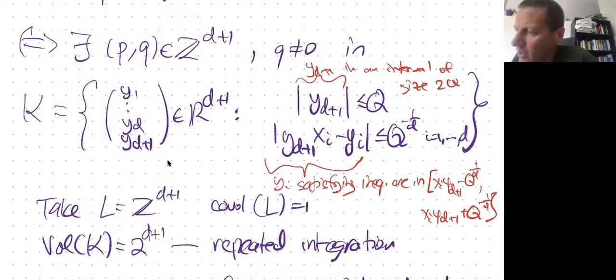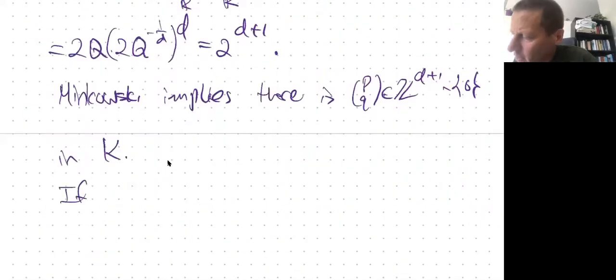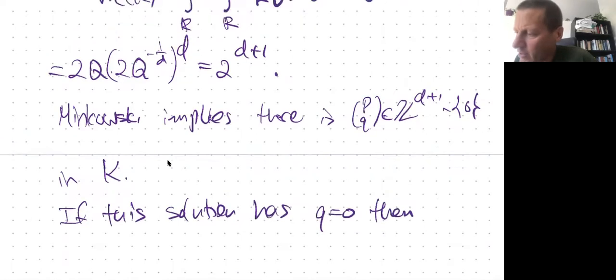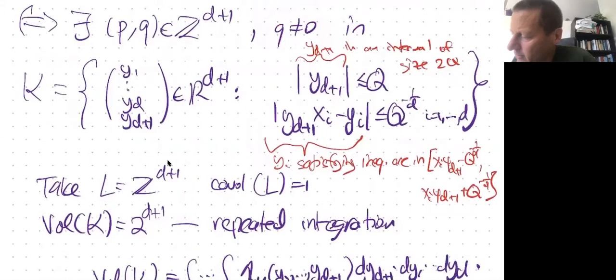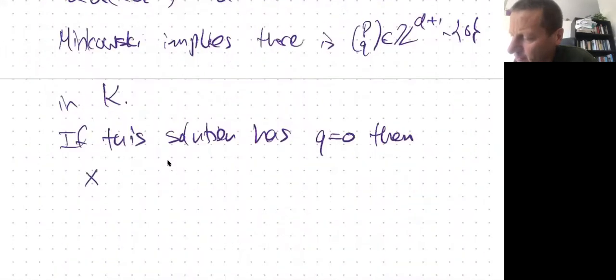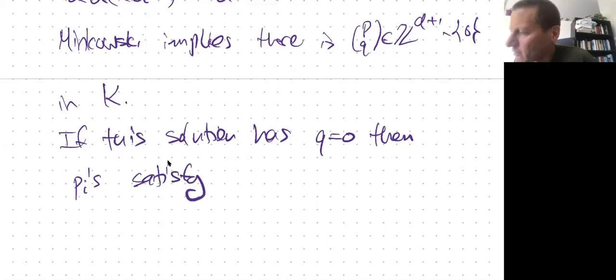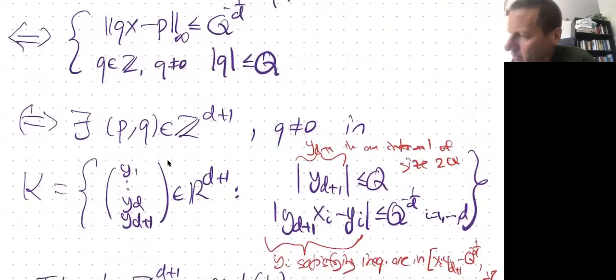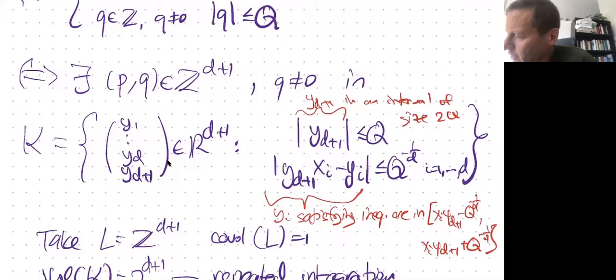So let's talk about the last entry. If this solution has q equals 0, then what does that mean? That means that the p_i's satisfy this formula with this being equal to 0, because this is q.